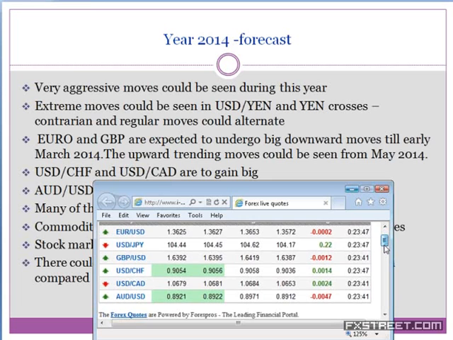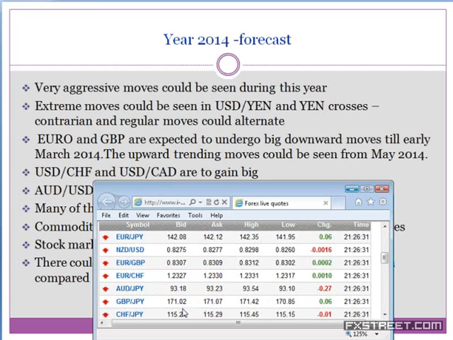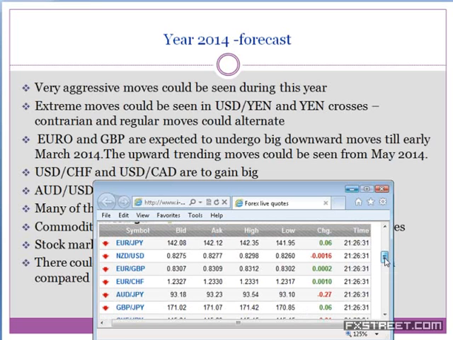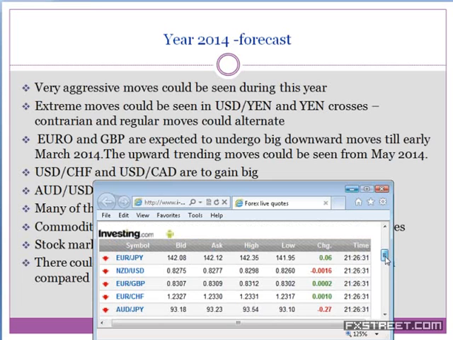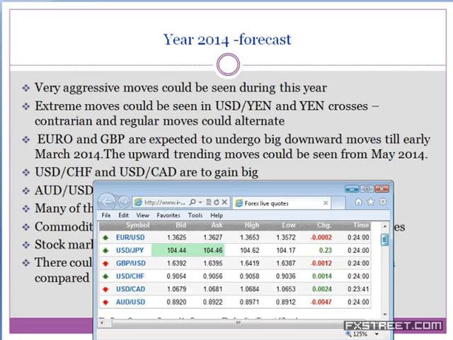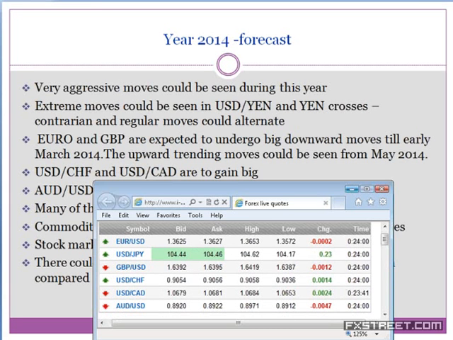So already in the case of yen crosses, they had dropped about 300 to 400 pips from the high they set. So this is how the players are expected to make the move. If you want to trade in yen crosses, you need to carefully monitor it, otherwise you could be trapped vulnerably.